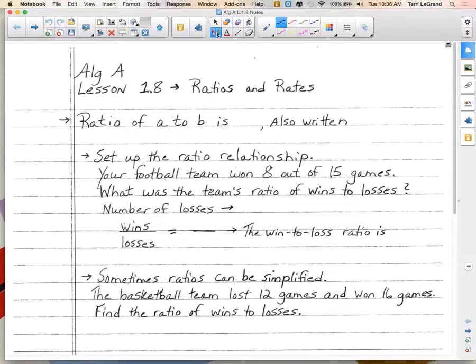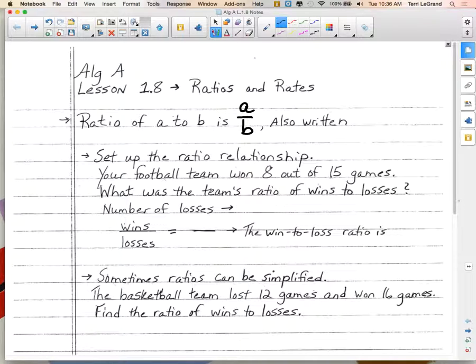So when we compare, what we have is a ratio. And typically, we will see it written as a fraction. If we have a ratio of A to B, we are comparing A to B, and A comes first in the comparison, so it has to be upstairs in our fraction. B comes second in the comparison, so it has to be downstairs in our fraction.